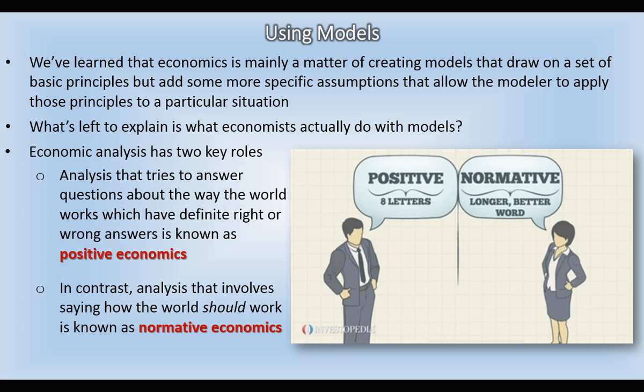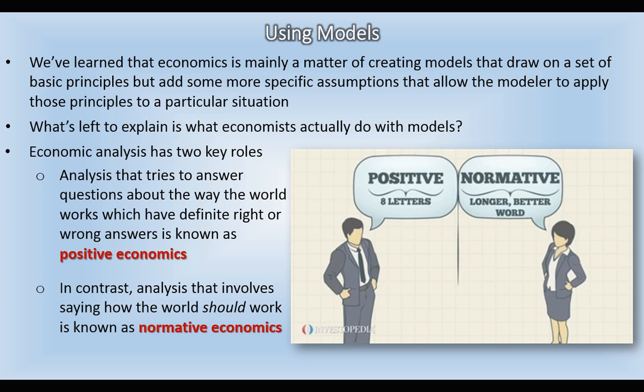And you can extract the meaning from just the words by thinking of normative as having the word normal in there, and the idea of normal is relative. What is normal to you may be different from what is normal to me.